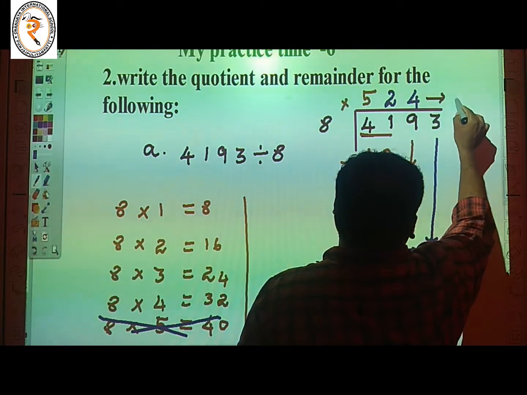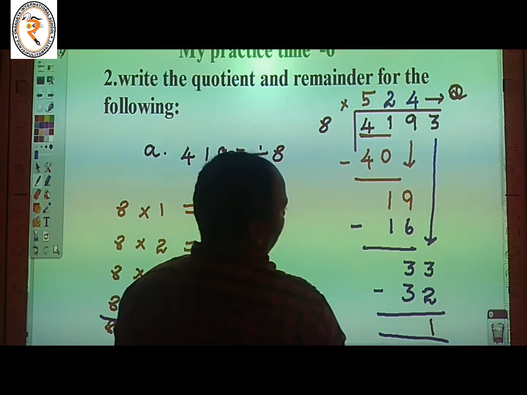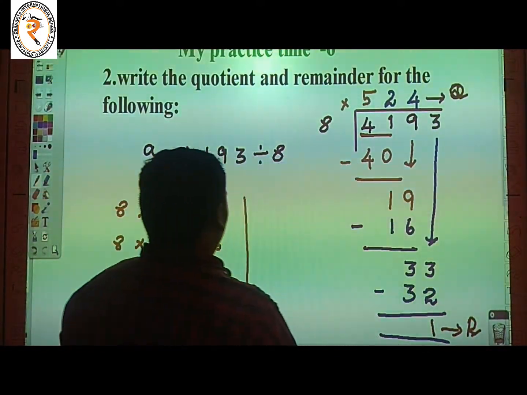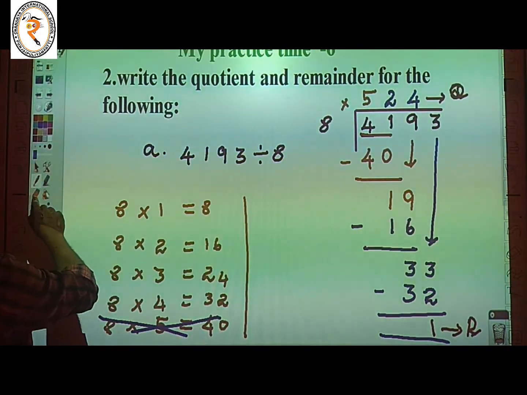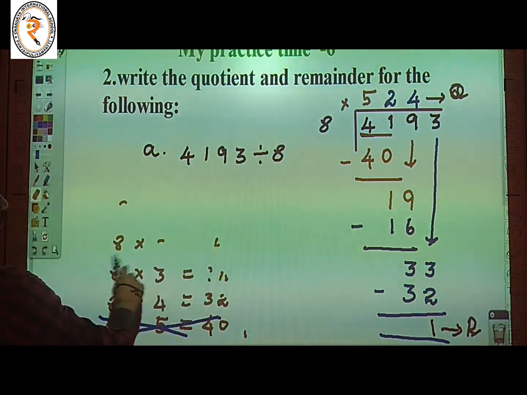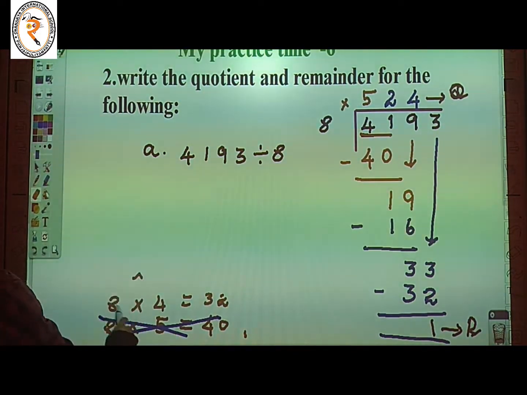So the quotient part is 524 and the remainder is 1. Our question part is to write the quotient and remainder.